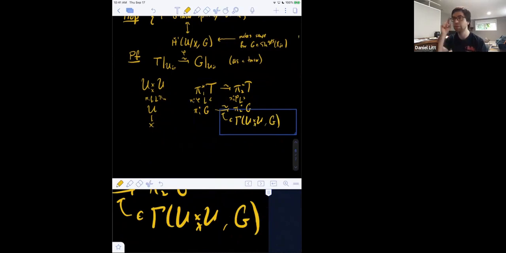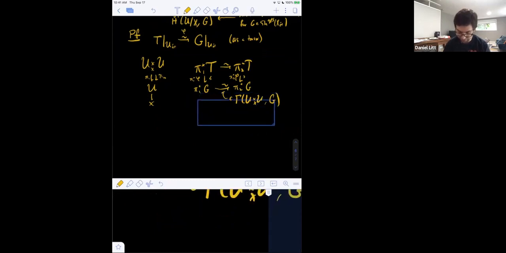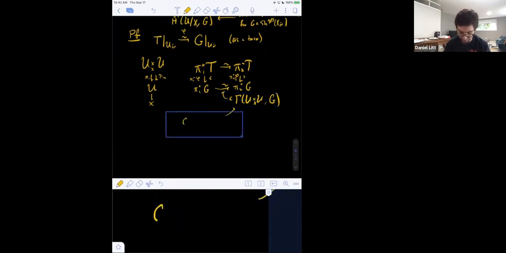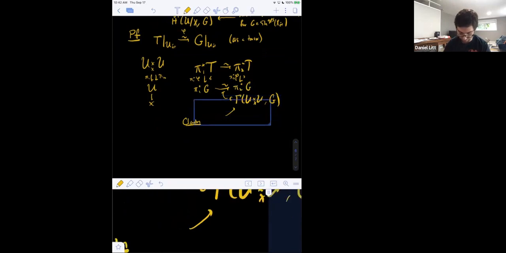Okay, and this is something you have to check, that an automorphism of a trivial G torsor is the same as an element of G. Hopefully that's very plausible. If you think about the case of a G torsor over a point, I think you'll see this clearly. Okay, and what is this thing? This is what we call C1 of U over X with coefficients in G, that's just the definition.